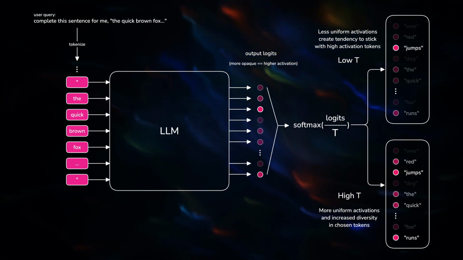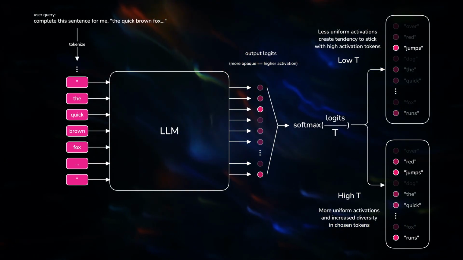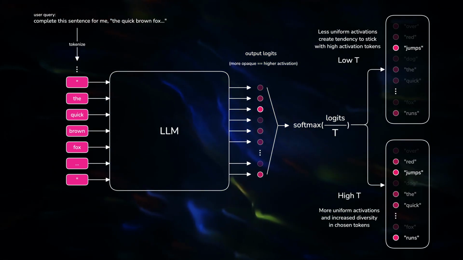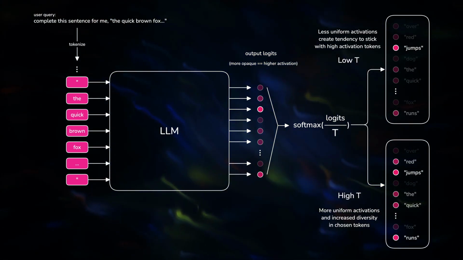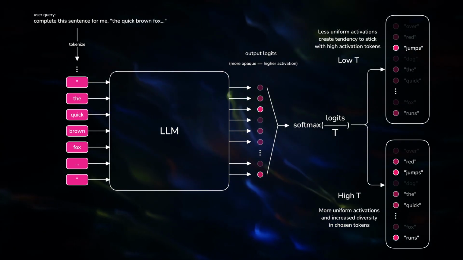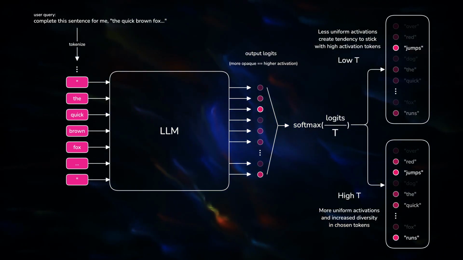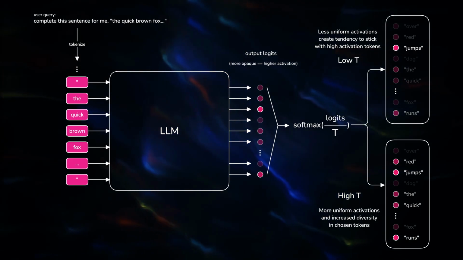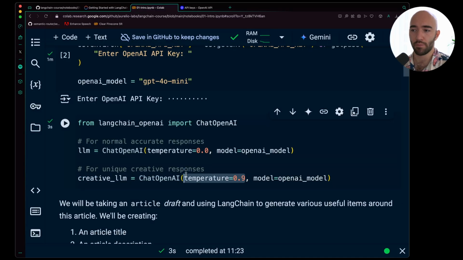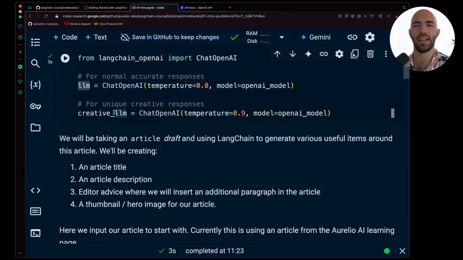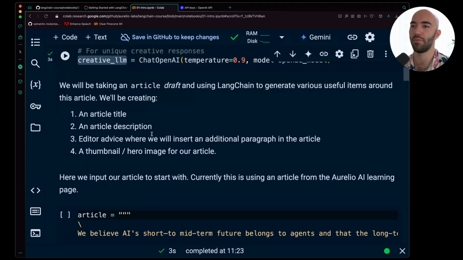Whereas when we set a temperature of 0.9, we're saying there's an increased probability of you giving us a token that is not the token with the highest probability according to the LLM. But what that tends to do is give us more creative outputs. So that's what the temperature does. So we are creating a normal LLM and then a more creative LLM with this.